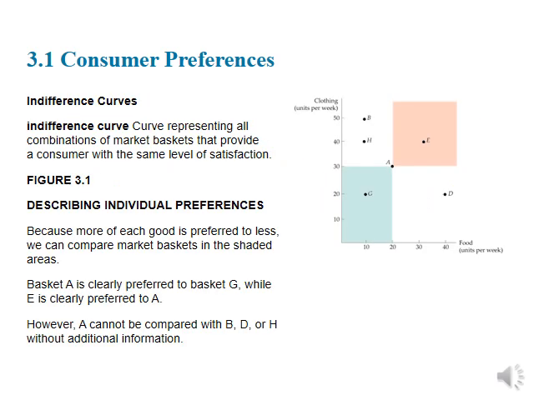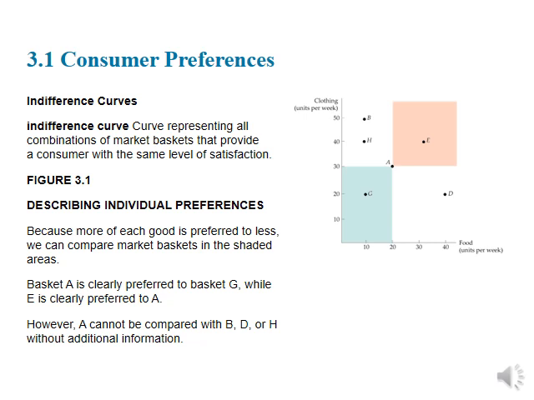Tying together these minimal assumptions we have about preferences with the market baskets between food and clothing that we saw earlier, we can start to make some basic comparisons. If we have complete preferences, we can compare all these baskets.